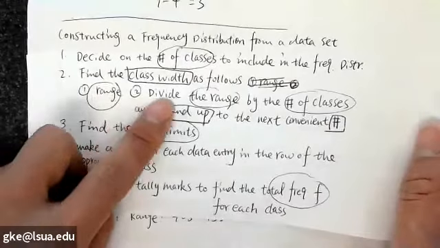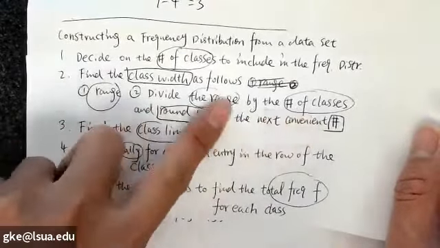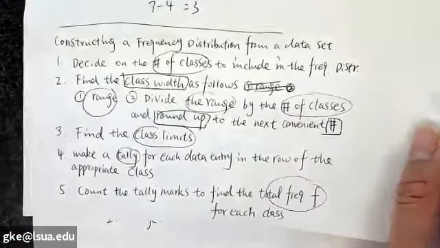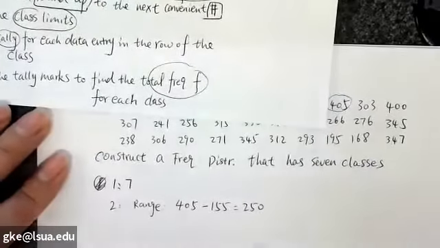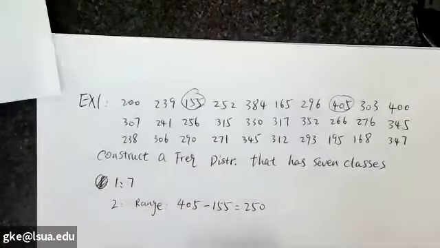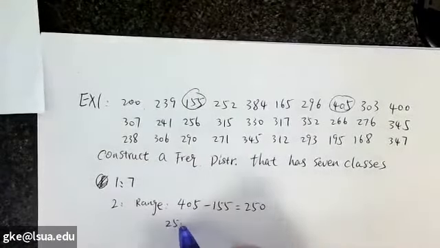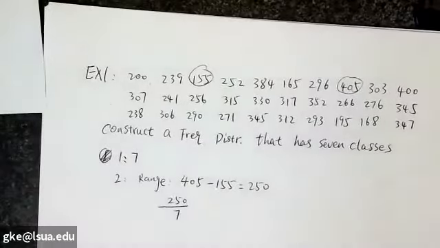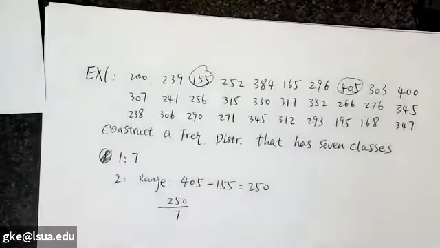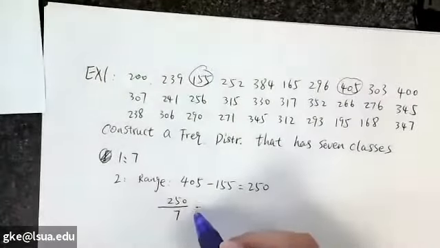Now we need to divide the range by the number of classes. That is the class width, right? So we let the range be divided by the number of classes. The number of classes is 7 from step 1, right? And that gives you a decimal.